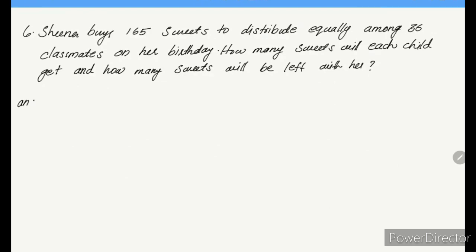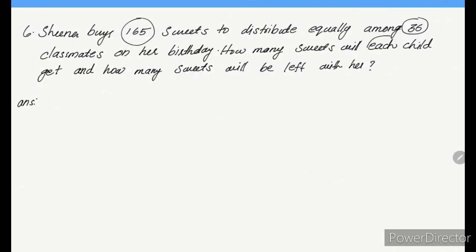Sixth question. Sheena buys 165 sweets to distribute equally among 36 classmates. Total 165 sweets are there. And she wants to distribute equally among 36 classmates on her birthday. How many sweets will each child get?